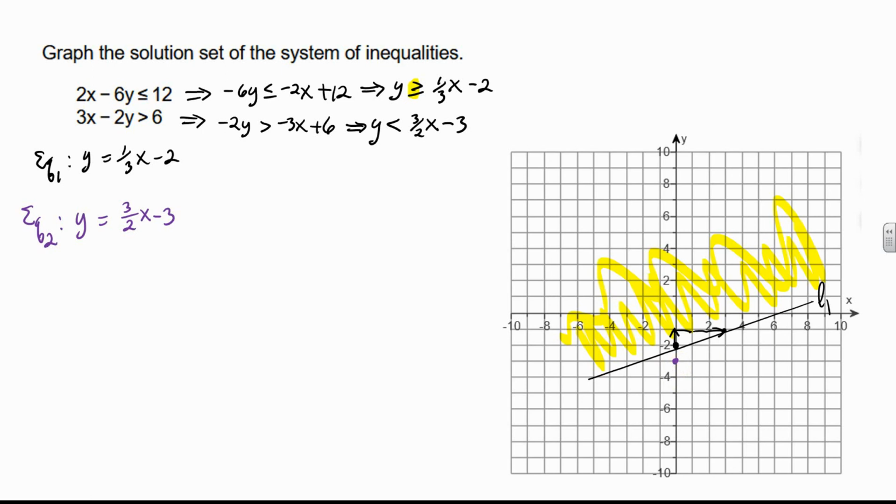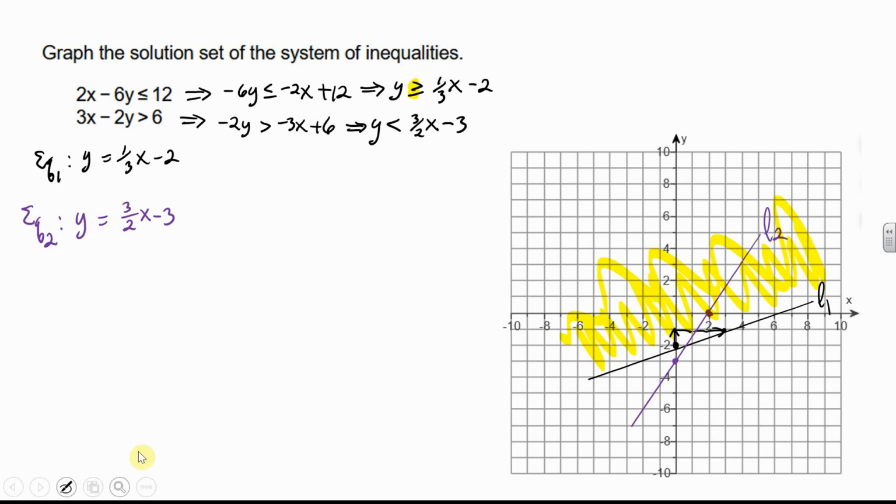And then the slope says go up 3, go over to the right 2. So go up 3, 1, 2, 3, go over to the right 2. I'm here. Connect those two. This is line number 2.